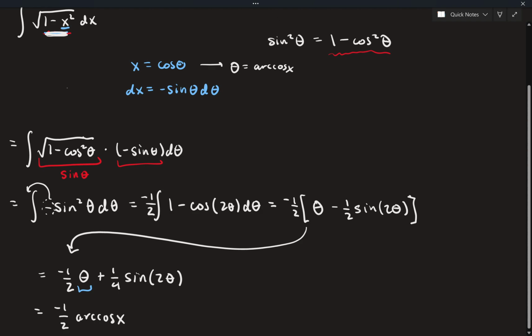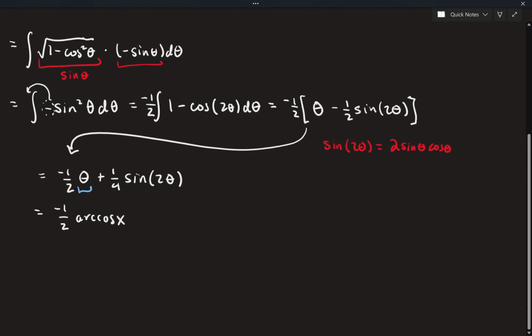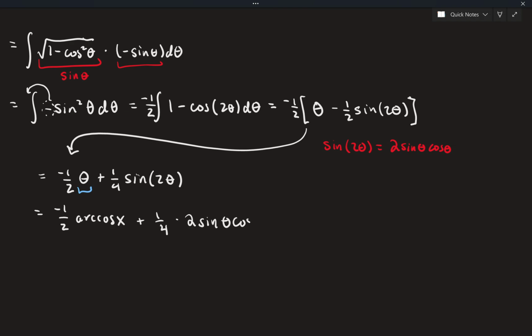And then sine 2 theta, one of the identities you gotta know, is that sine of 2 theta is 2 sine theta cosine theta. So I have a 1/4 times 2 sine theta cosine theta. And now I gotta change these back into x's.